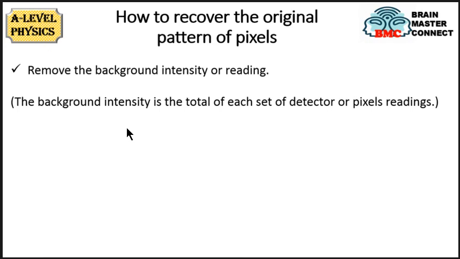The total will be 14. So that 14 is what is regarded as background intensity. We need to remove it, so I will subtract it from the final Voxels I got, the new Voxel, the final one.